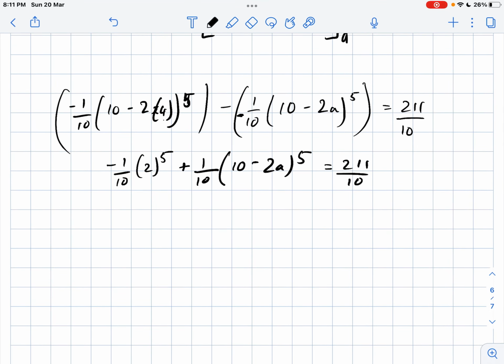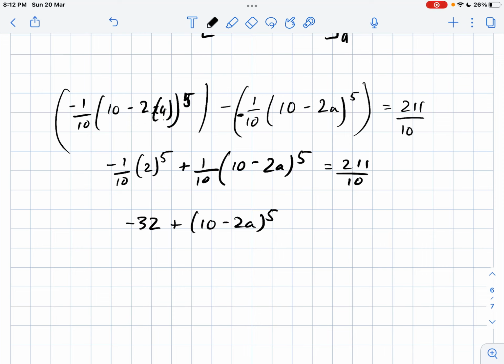Working this through, because all these terms are divided by 10, I can get rid of them, and 2 to the 5 is 32, so it's minus 32 plus (10 minus 2a) to the 5 is equal to 211, because I cancelled all these tenths out.